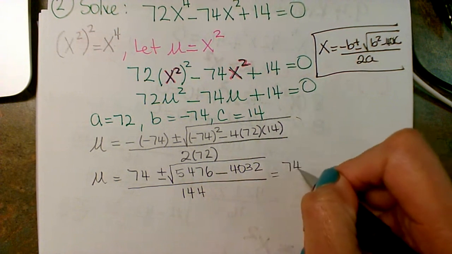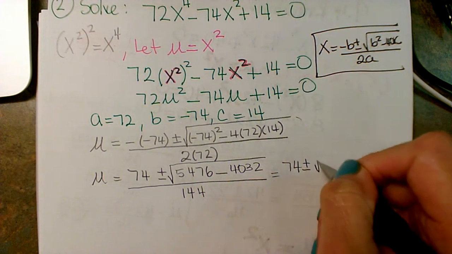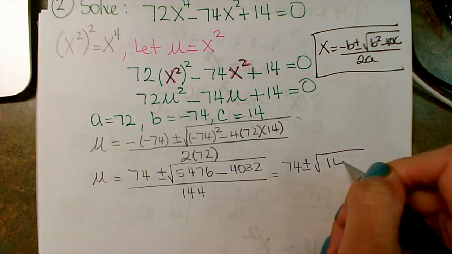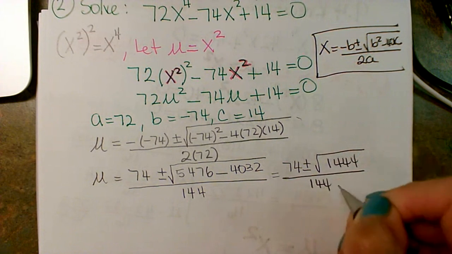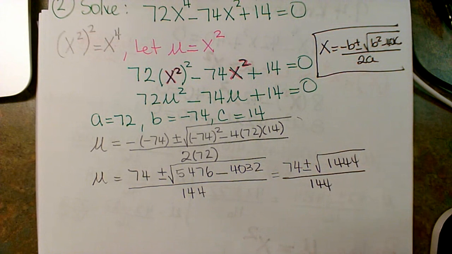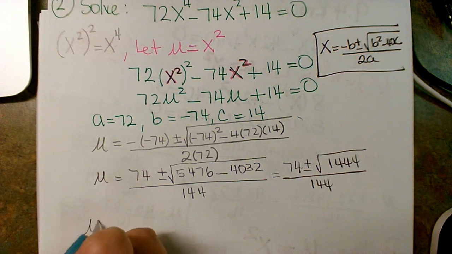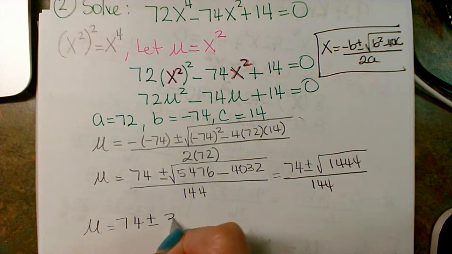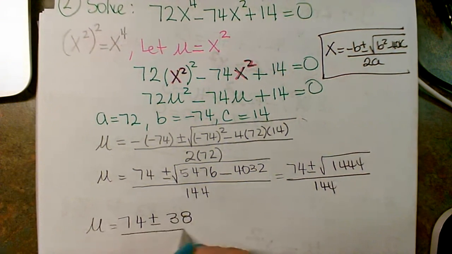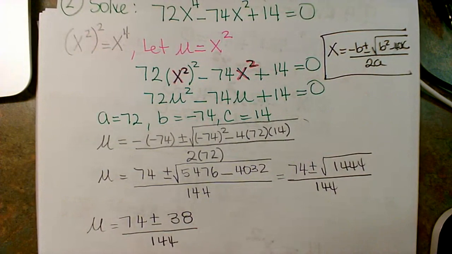So this is 74 plus or minus the square root of 1,444. Let me get the square root. Perfect. This is 74 plus or minus 38 divided by 144.